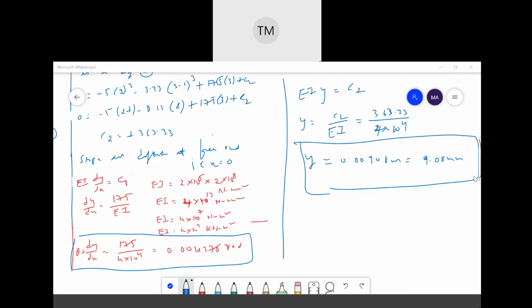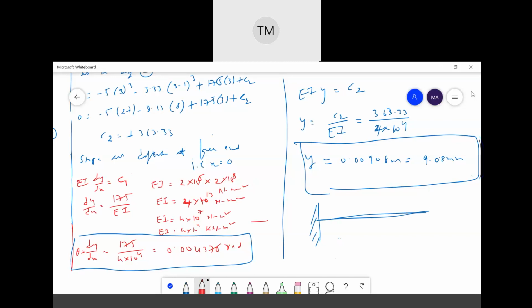Here I will explain what is the slope and deflection. You want the difference between the slope and the deflection. So when you consider a cantilever beam, okay, this beam is like this.